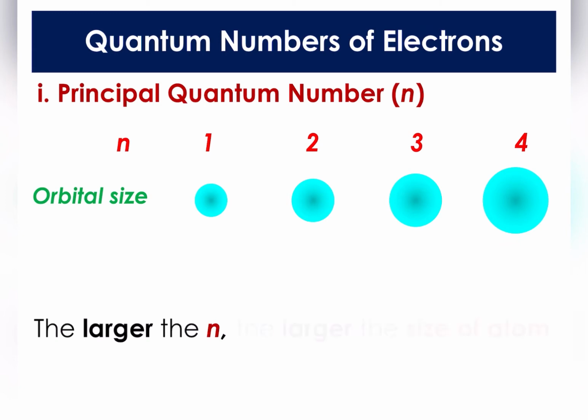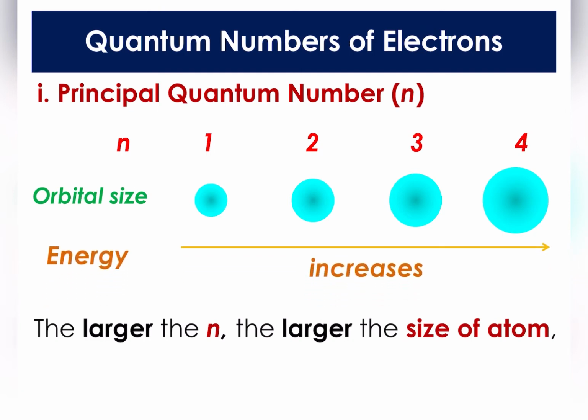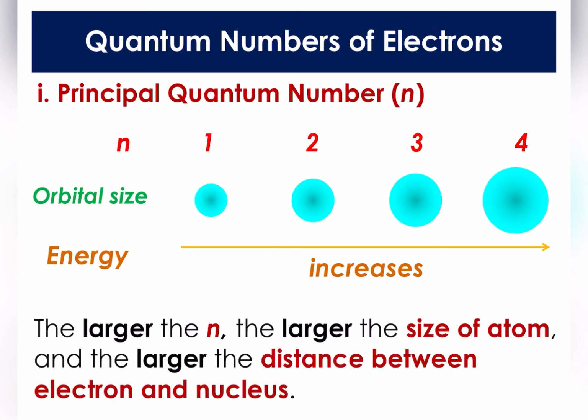So the larger the n value, the larger the size of atom. So as you can see here, bila makin besar size dia, energy also increasing, which make the larger distance between electron and nucleus. So remember that principal quantum number n boleh tentukan size dan juga energy.